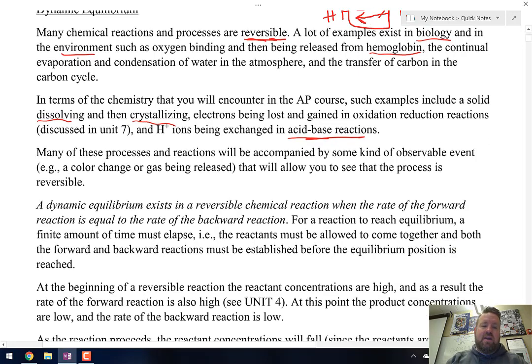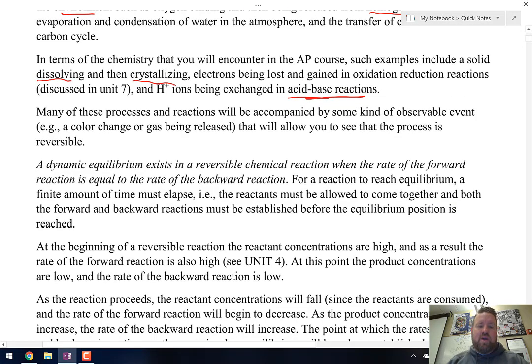When we talk about equilibrium, we refer to it as a dynamic equilibrium. Dynamic just means that to our eyes, it looks like the reaction has stopped. However, what really occurs is that as the reaction is going forward, it also starts going backwards. Remember, think of kinetics: when the rate of the forward reaction is equal to the rate of the backward reaction, we are at what we call equilibrium.